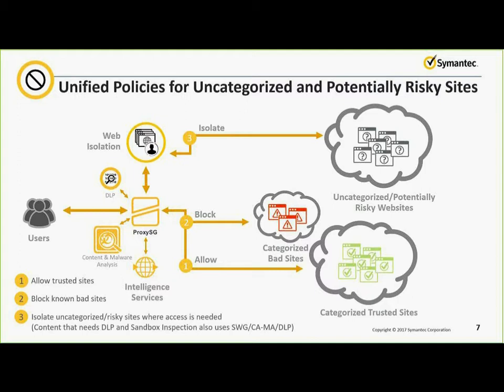The proxy detects that the website should be isolated, so that could be based on category, it could be based on risk score, it could be based on the user or the group that they're a member of, and the traffic is then sent onto isolation, and the website's delivered back to the user in a seamless fashion. So there isn't really any end user perception that anything's different. It's just they don't have to execute internet code on their browser. We do that for them.